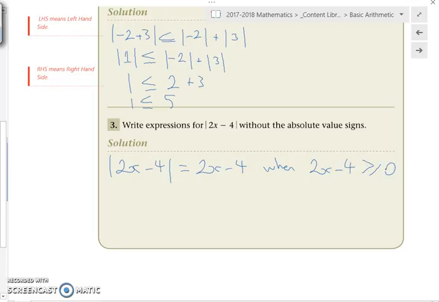Wait, don't move. We're not going to finish it, you're going to finish it, but I want to get this bit done. And the absolute value of 2x minus 4 equals minus. Okay, that's the start of the answer to that question.